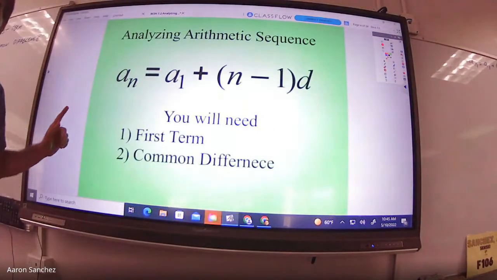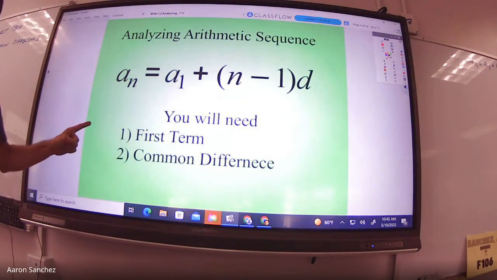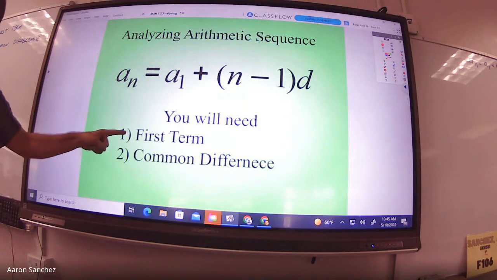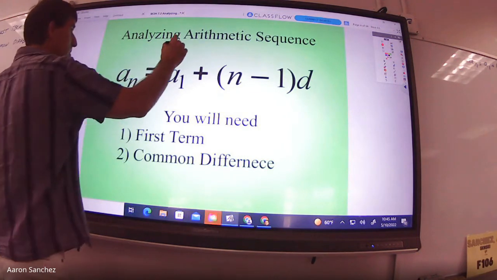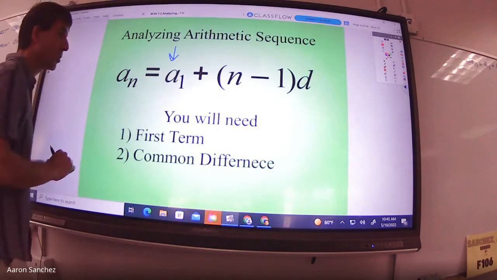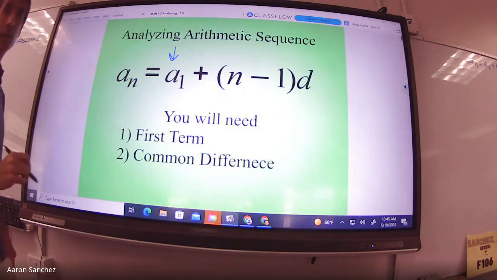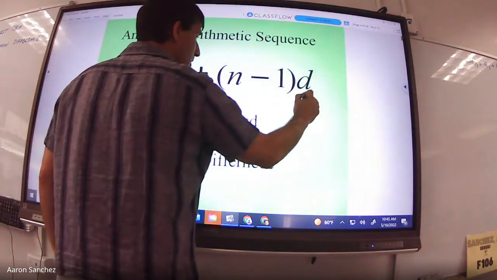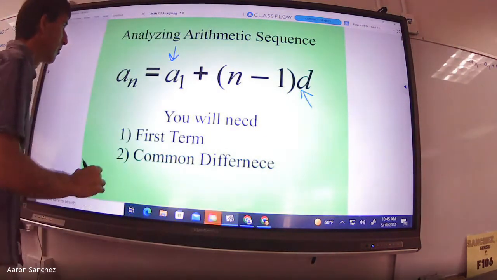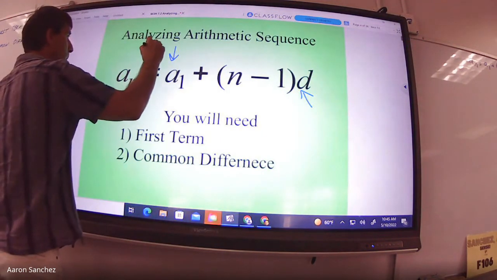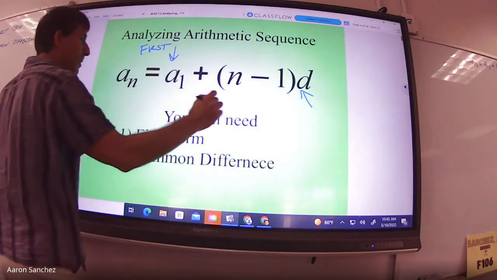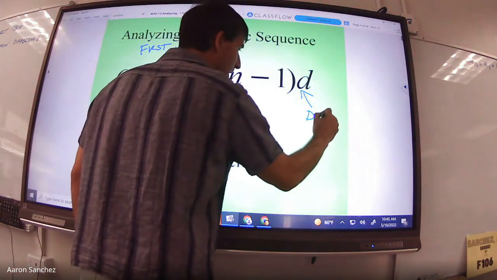Okay, now, in order to solve these, you're going to need two things. You're going to need the first term, which is a sub 1, and you're going to need the common difference, which is d. I'll get out of the way in just a second.